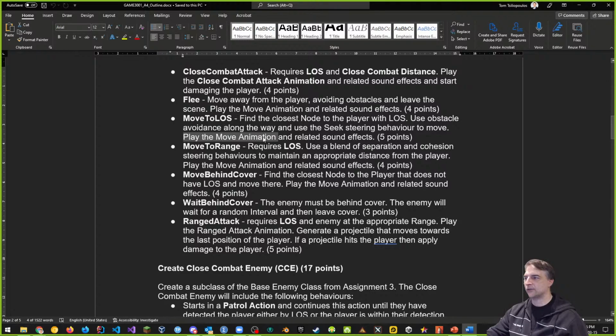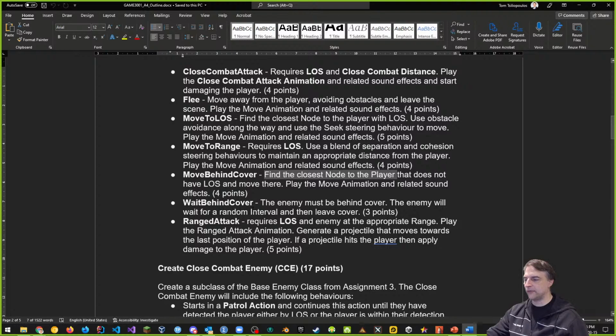That's part of my action array. Move to range, I'm also going to play the move animation. Move behind cover, as an example, I'm going to play the move animation, and I'm also going to find the closest node to the player. Funny enough, we're going to make you find the closest node to the player this week, as part of your lab. That's part of the output for your lab this week.